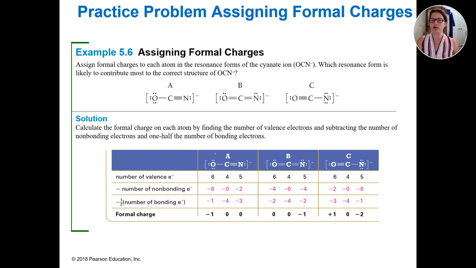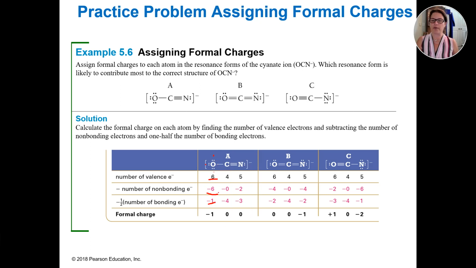So if you look at structure A, B, and C, okay, and we do the math for each one, oxygen has 2, 4, 6 non-bonding. It has 6 valence electrons, and it's got 2 shared, so half of 2 is 1.